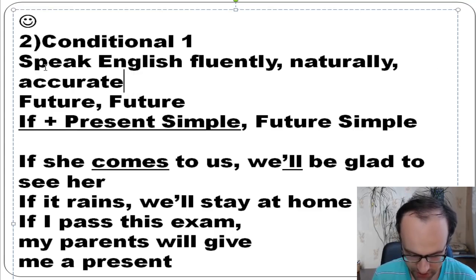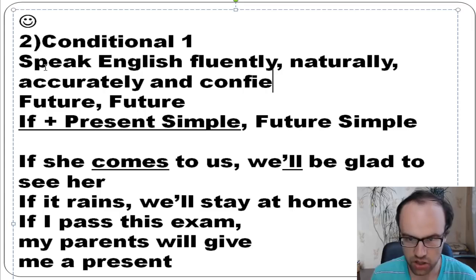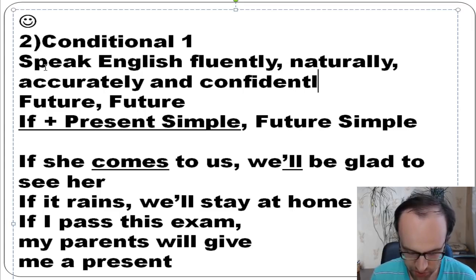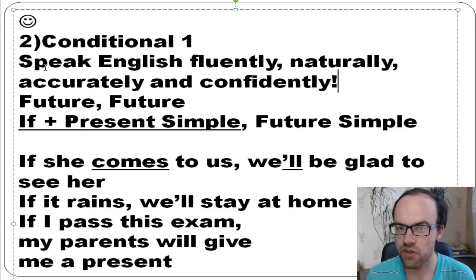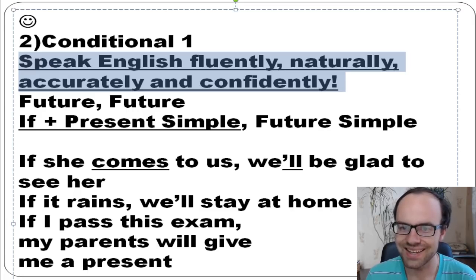Accurately means without mistakes, and confidently. So when you feel confident, when you are sure about your speech, that you use the right words or phrases, and you don't make mistakes. Okay, so these things are very important. Speak English fluently, naturally, accurately, and confidently.